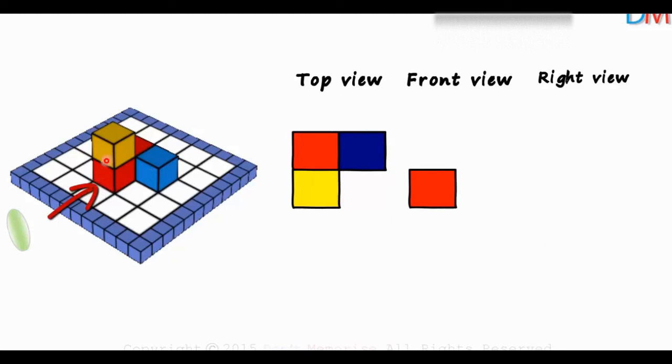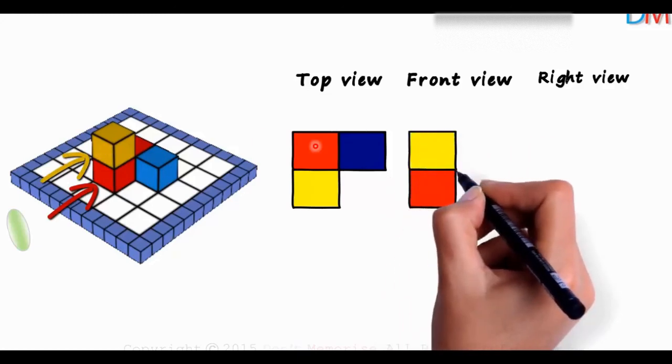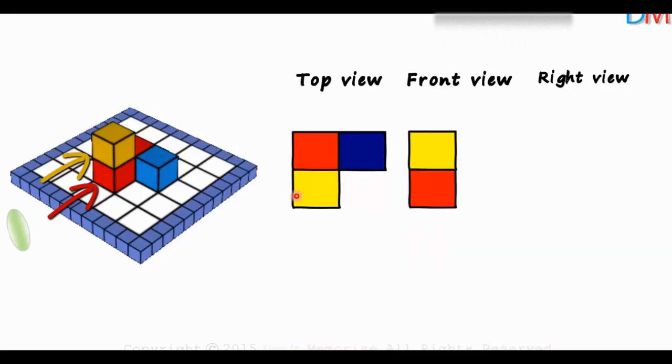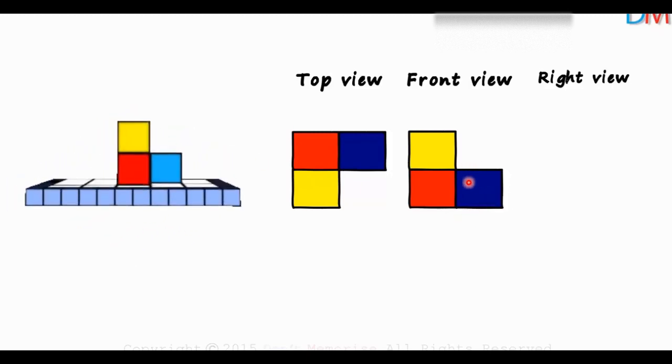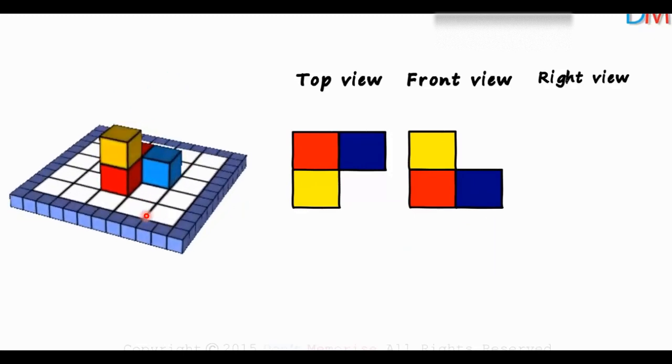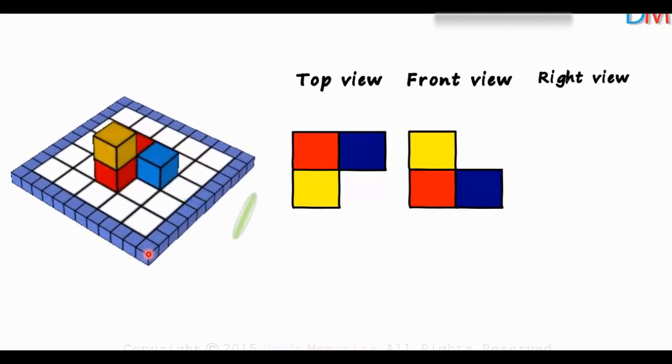Then on top of the red square we have a yellow square. So you have to draw a yellow square. Actually the whole shape is a cube, but when we look from here, we only see that square. After that red, we'll see one blue square. So we have to draw one blue square. So this is the front view. When you look from the front side, we'll see like this only.